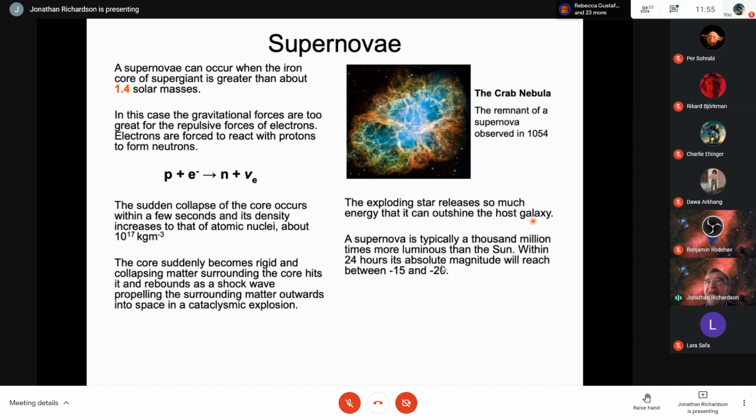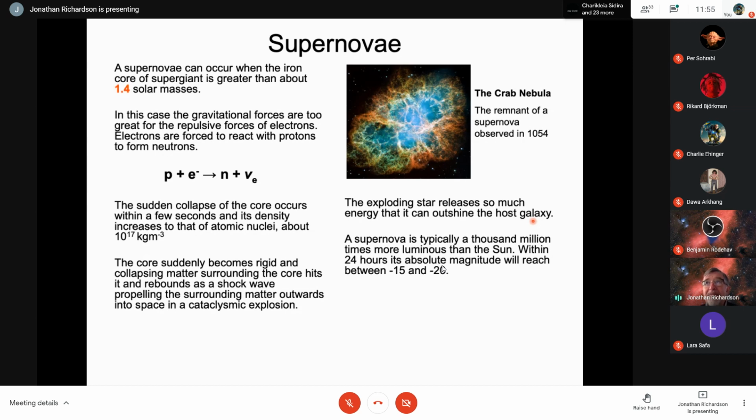And these will give us typically an event that will occur when the iron contents fuse and combine, that we produce a luminous star that's about magnitude -15 to -20. That is going to be as bright as sunlight, as moonlight in the daytime sky. So you will see these events if they occur, if they're close enough to us, but they are by their nature going to occur at very distant locations.